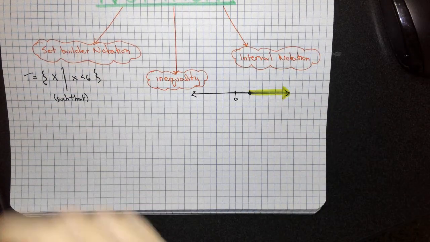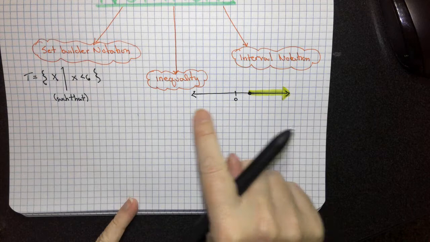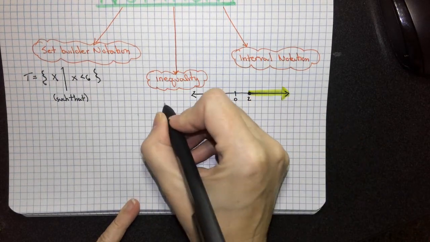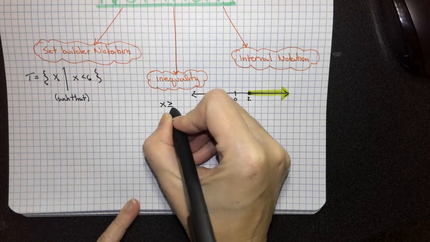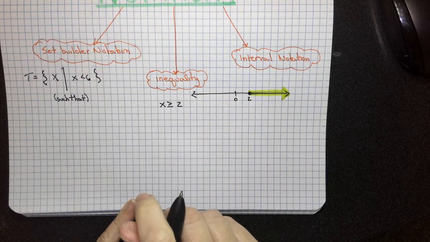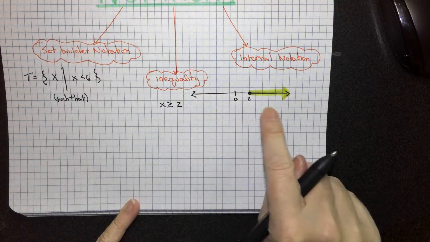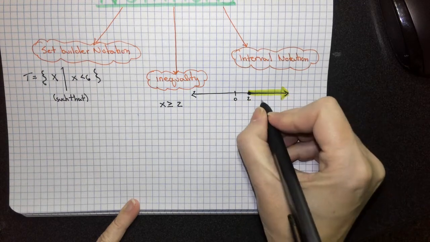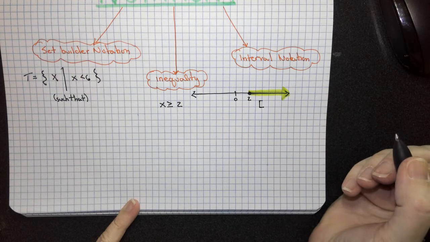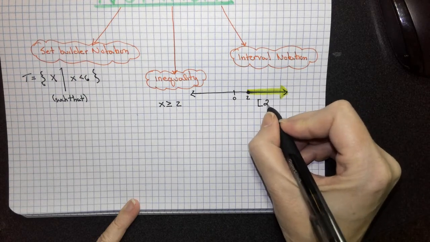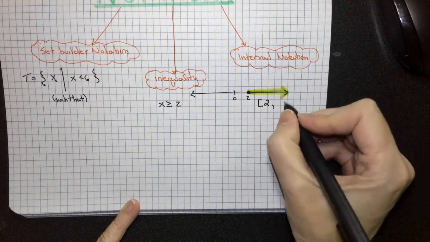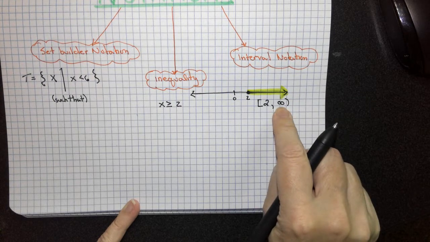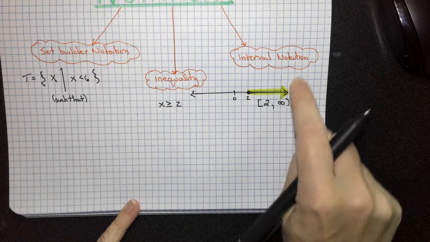Okay, so if I'm writing this as an inequality, this would be, because this is a 2, x is greater than or equal to 2. Okay? If I'm doing it in interval notation, because that's a solid circle, I'm going to use a square bracket, 2, and I'm starting at 2 and I'm going forever. So this is my infinity symbol. It's an 8 on the side. All right, so that's interval.